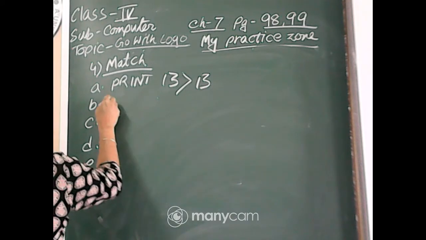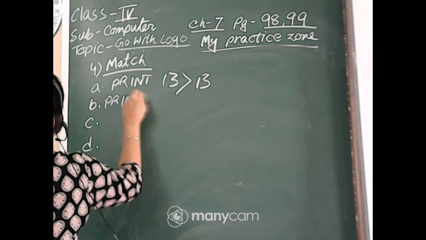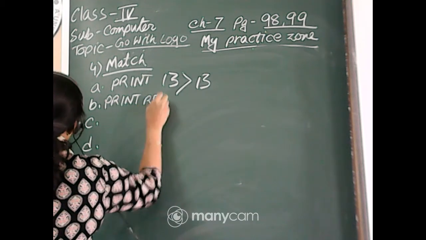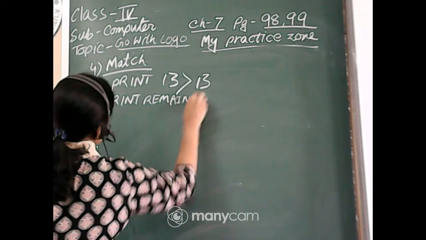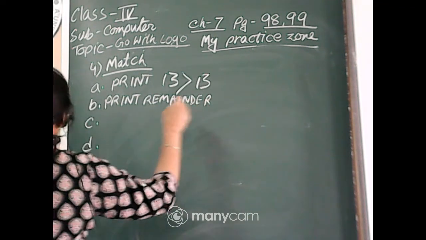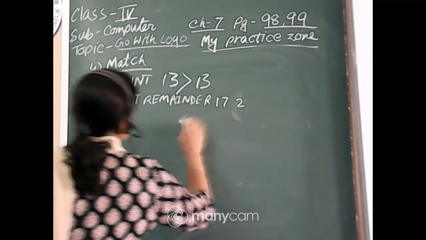B: print remainder 17 2, 17 then space then 2.